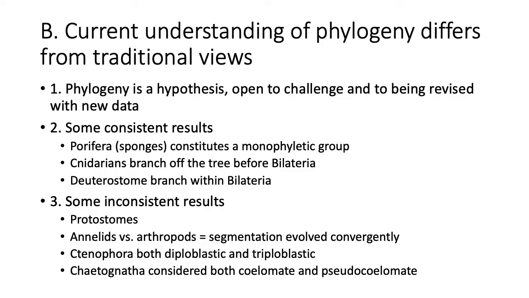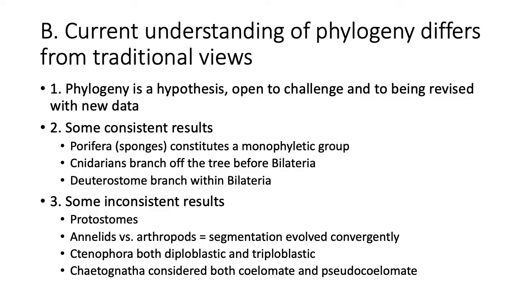So the current understanding does differ from traditional views. Like I said, the phylogeny or the tree of life, those cladograms, they're basically a hypothesis. And whenever we get new data, we challenge our current views and make adjustments as we see fit. Some consistent results: Porifera, sponges, are a monophyletic group.